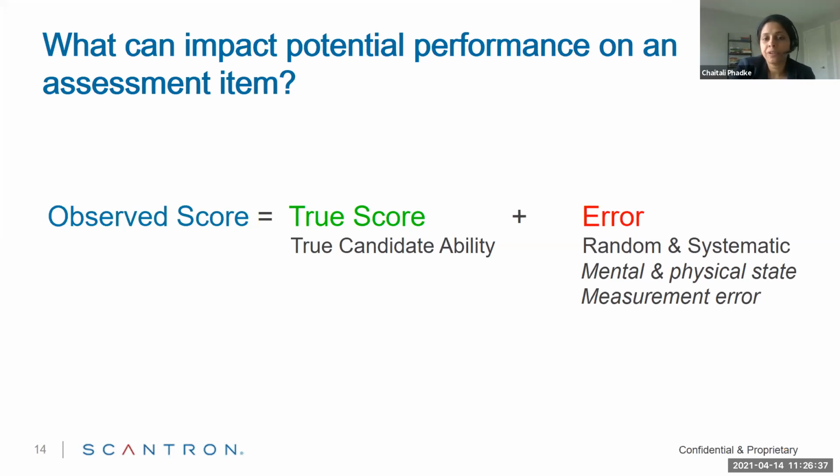Other examples of random error are mental or physical state of the candidate, or factors like candidates' motivation on the day, how tired they are, or whether they are ill. These factors also affect test scores. This random error may affect how candidates score differently on the exam, and so the magnitude of this error may vary across different candidates.